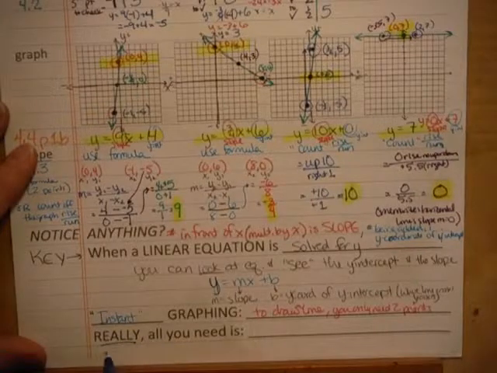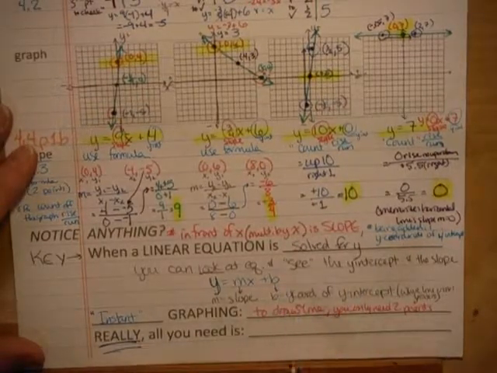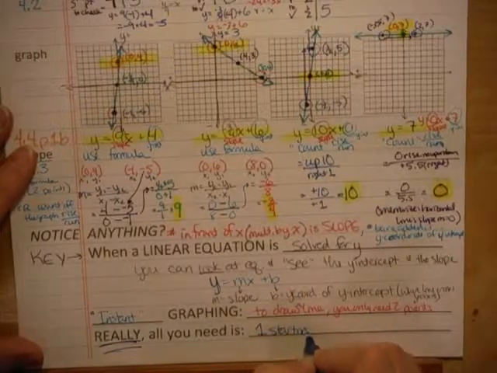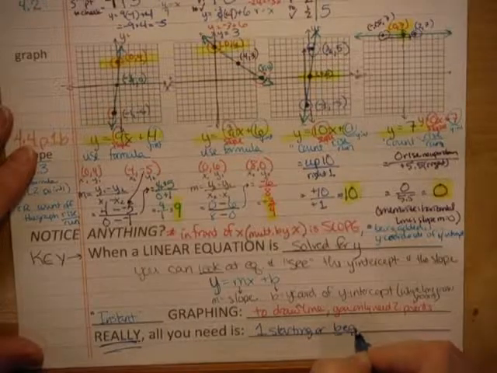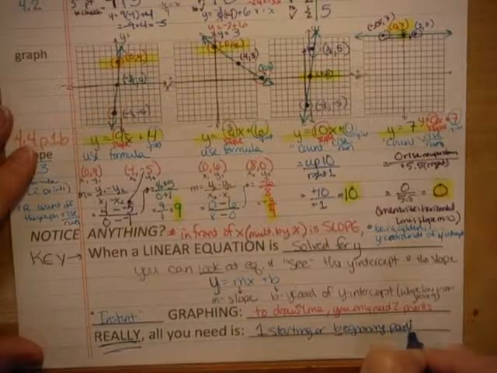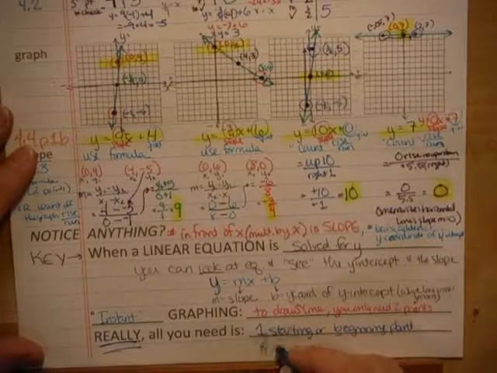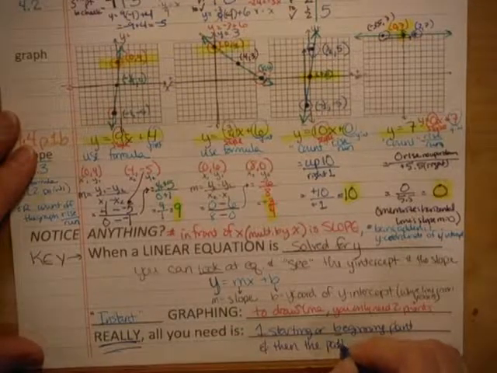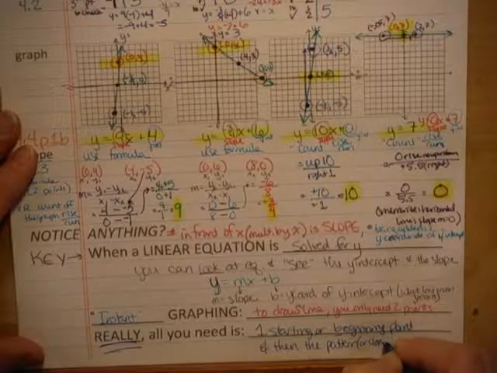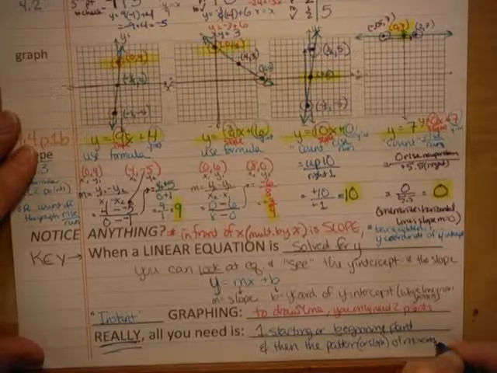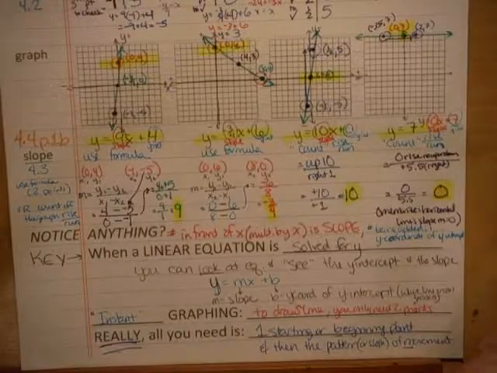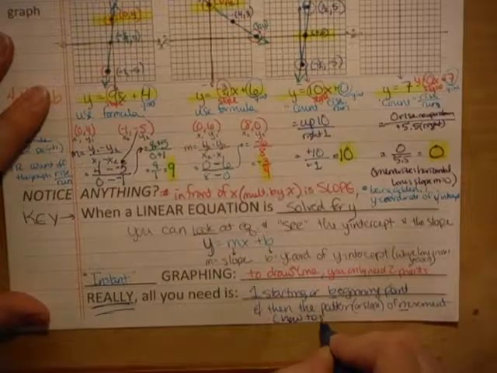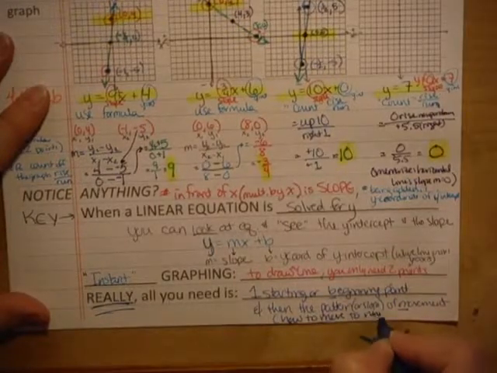But to be even better at it, to be able to go from the equation to the graph, really all you need is one starting point, or beginning point, and then the pattern or slope of the movement of the line, how it goes from one point to the next, how to move to the next point on the graph.